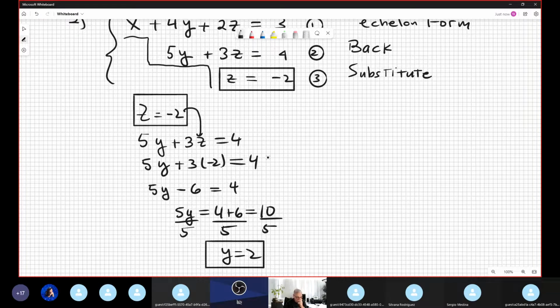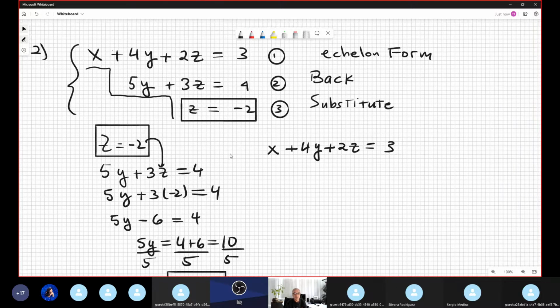Now finally I go to the first equation. It is x plus 4y plus 2z equals 3. I just copy the first equation. I replace x, no idea. Y is 2.